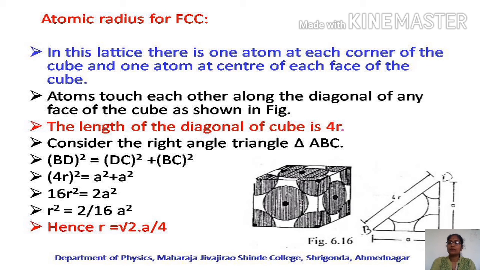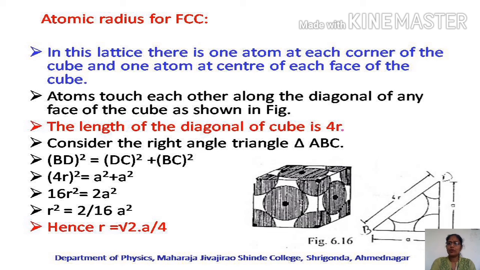Consider triangle CBD. In triangle CBD, BD square, that is diagonal square, is equal to BC square plus DC square, and diagonal square is nothing but 4R bracket square is equal to A square plus A square, because we are dealing with cubic structure. That is, the simple formula becomes diagonal square is equal to 2 into A square.